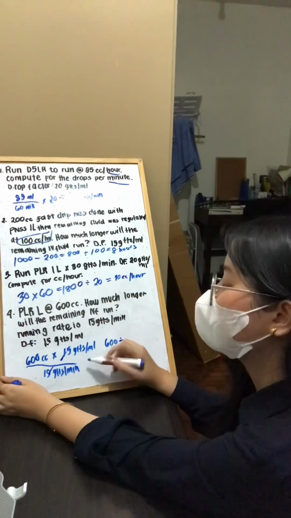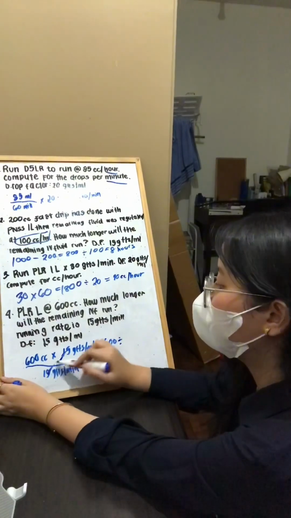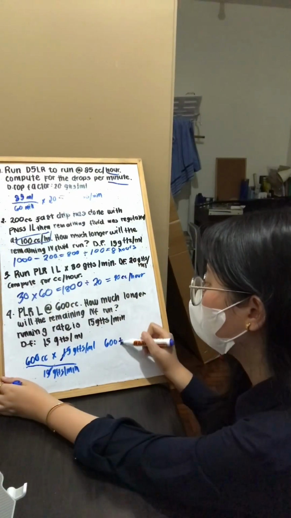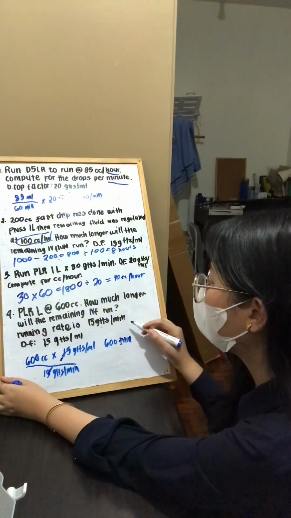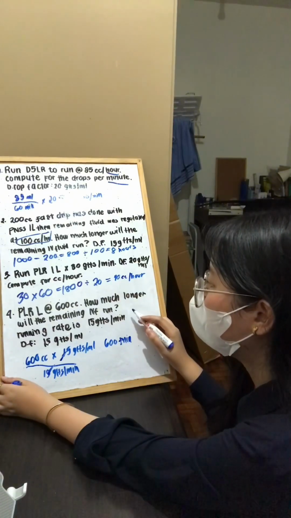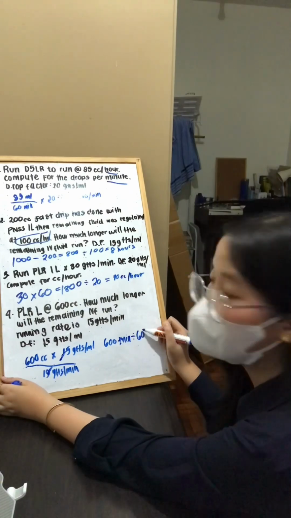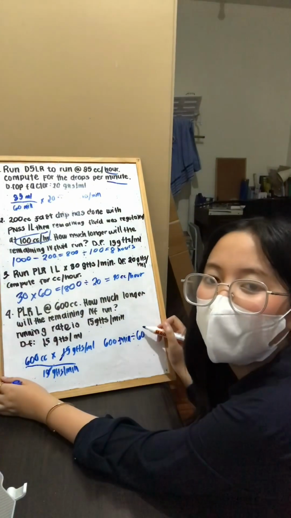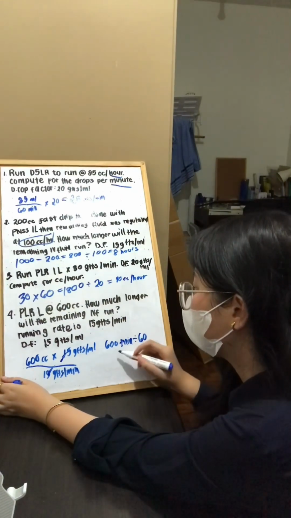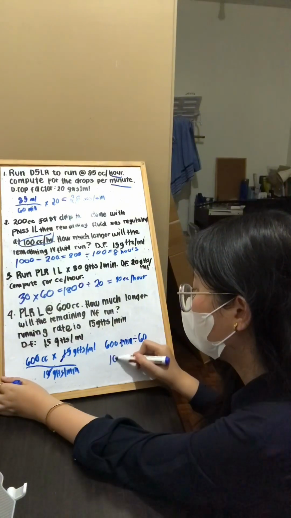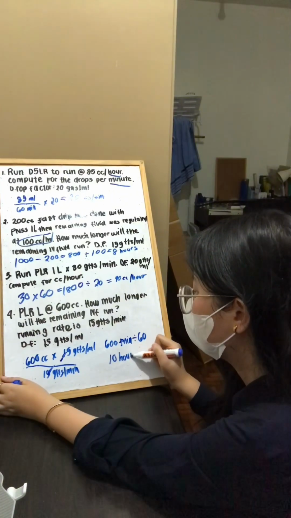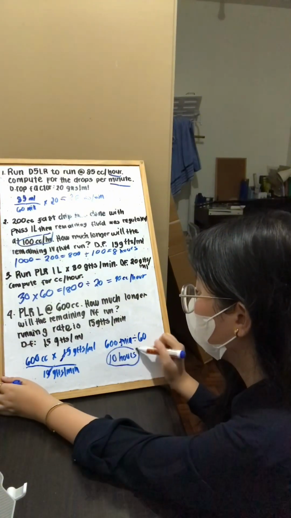So, cancel mo yung 15, so 600 na. 600 minutes. Pero kapag hiningi yung remaining hours, i-divide mo sa 60 kasi we have 60 minutes per hour. And that will give us 10 hours. So, the answer is 10 hours.